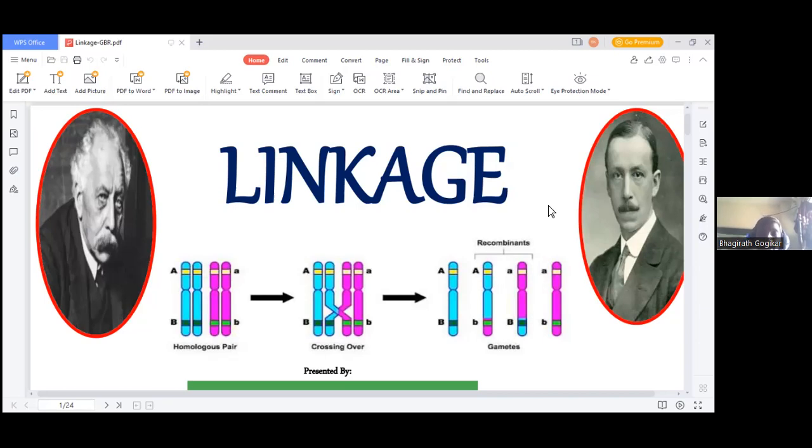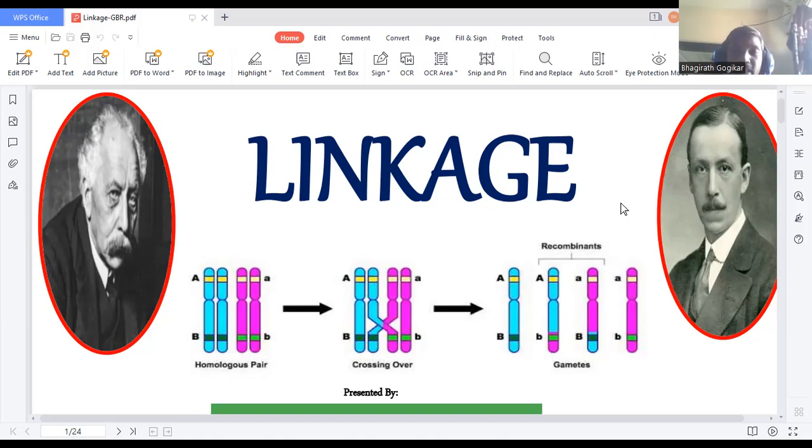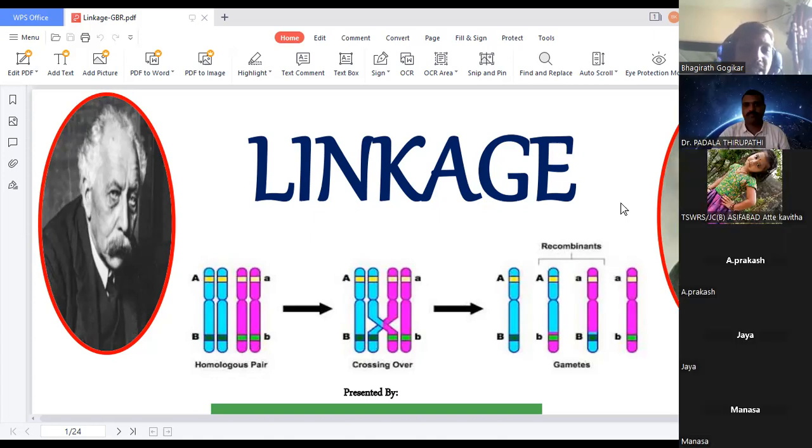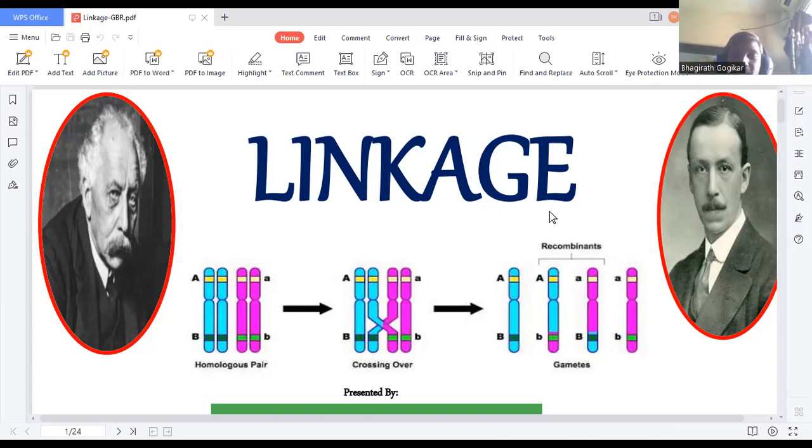That interaction affects the traits or characteristics of the organisms. That's why in gene action, non-Mendelian ratios are seen in different values, that is 12:3:1, 9:3:4 or 9:7. These are the different ratios we discussed yesterday.